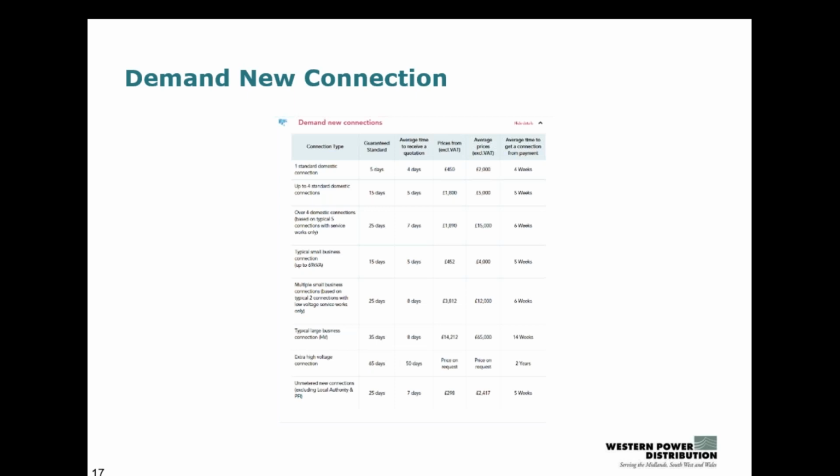If we don't meet that standard, then we will make a voluntary payment to you as well. So we're really putting our money where our mouth is in terms of meeting those standards.